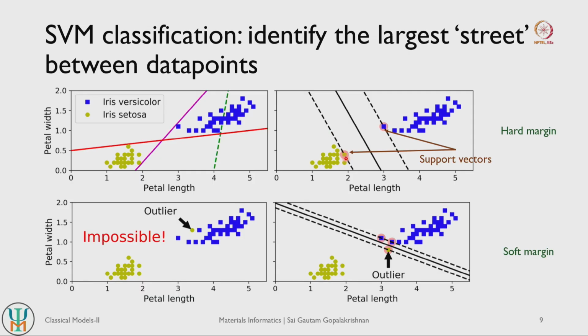So if we assign them, we can actually basically draw a very broad street, right, or a very broad window of petal length values and also petal width values where none of the data points are actually present, right. So in other words, we have drawn a street that has completely separated out our Setosa data points here and our versicolor data points here, right.